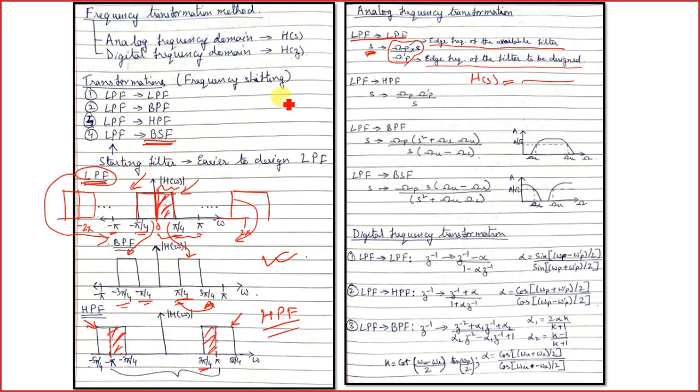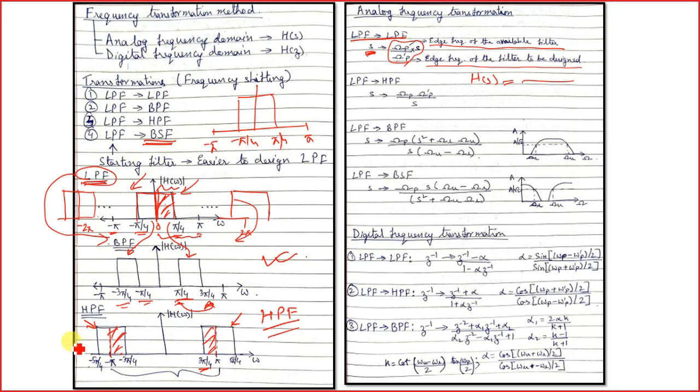But what happens in low pass filter to low pass filter? Suppose you are having a filter from minus pi by 4 to pi by 4, but you need to change the frequency components.